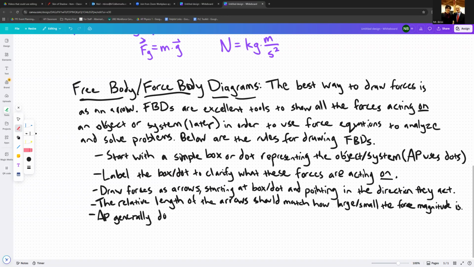All right, now AP generally does not want you to draw components of forces. Now, this should ring a bell. Components for vectors should bring us back to some sines and cosines, some right triangles.